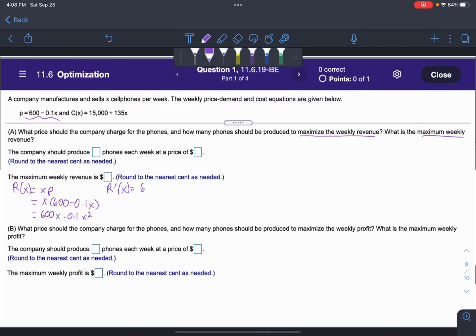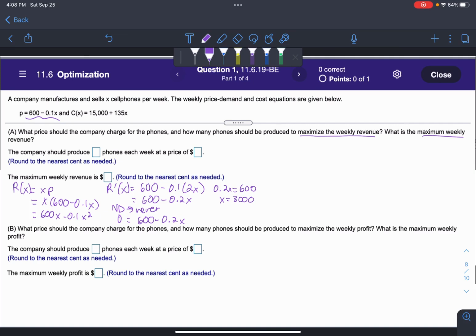That will be 600 minus 0.1 times 2x, or 600 minus 0.2x. All right, so will this ever not be defined? No, it's still a line. So let's solve for where it's equal to 0. That occurs when 0.2x is equal to 600, or when x is equal to 3,000.